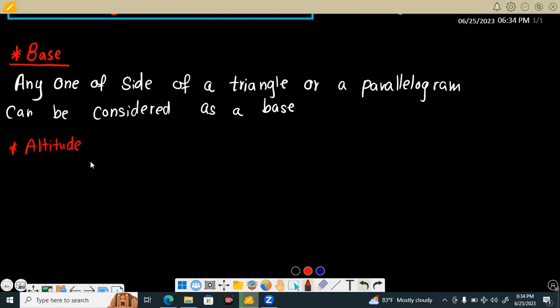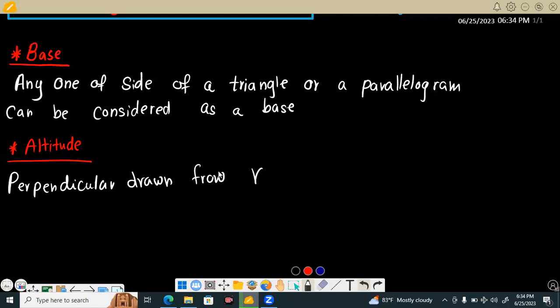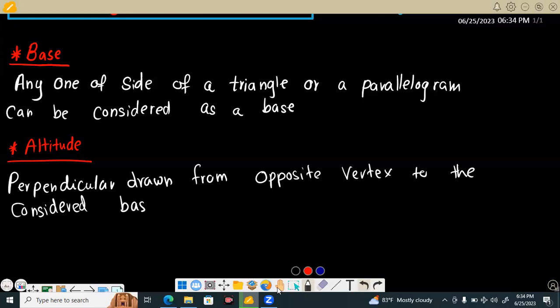Okay, altitude is the perpendicular drawn from the opposite vertex to the considered base. Okay, write this down.